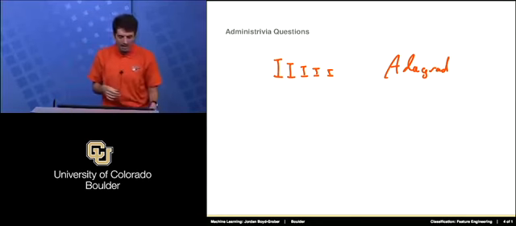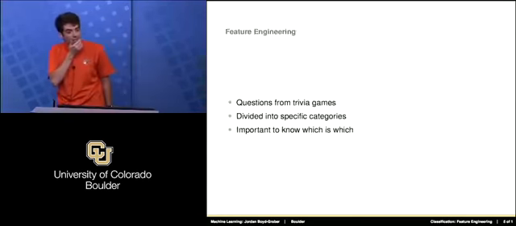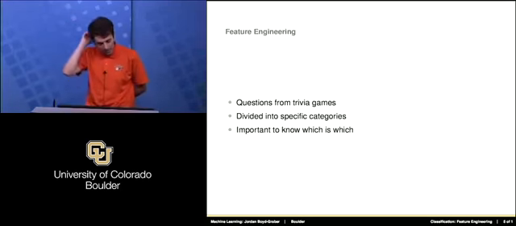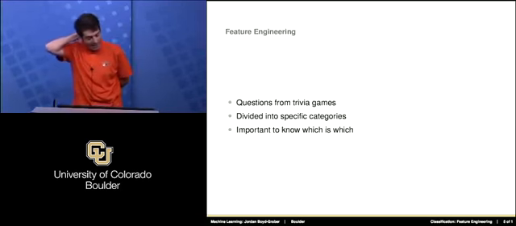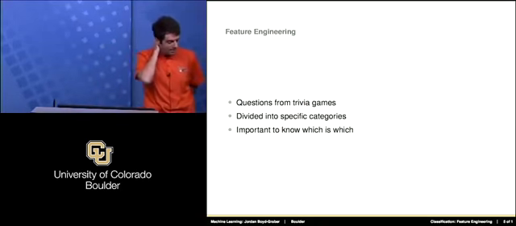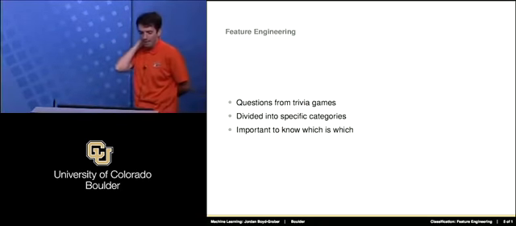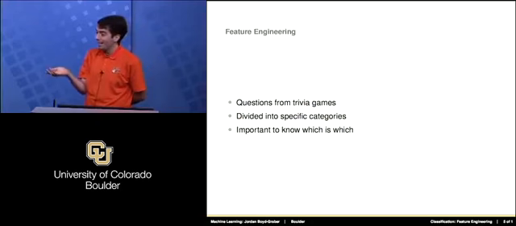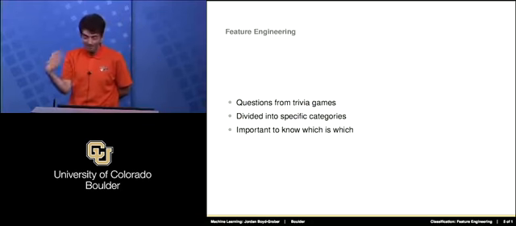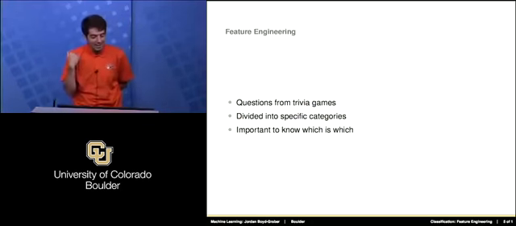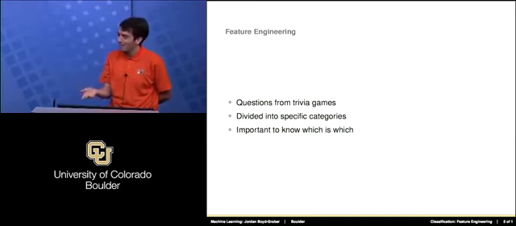Okay. All right. So now on to the main event. What I thought we would do is talk about a different data set and how you might go about exploring features from this data set.